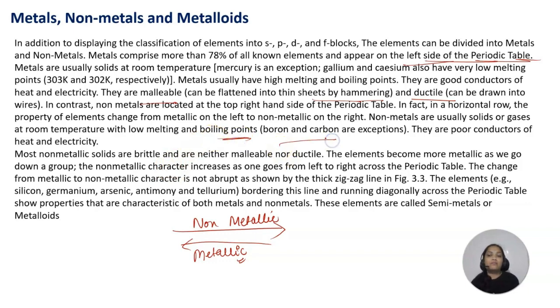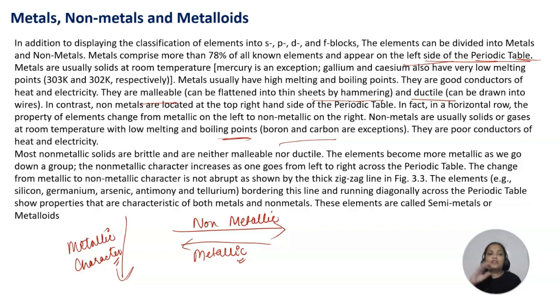Again, boron and carbon are exceptions. Non-metals are poor conductors of electricity. They are brittle, neither malleable nor ductile. If we move down the group, the metallic character increases. That we will study, how it is happening. So metallic character increases moving down the group, and non-metallic character increases moving left to right in the periodic table.